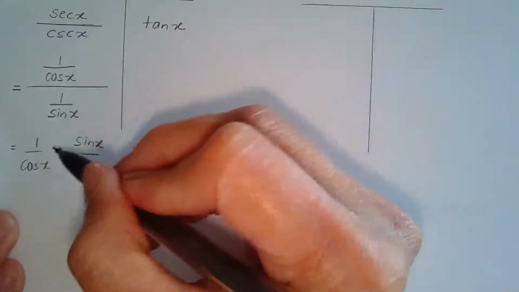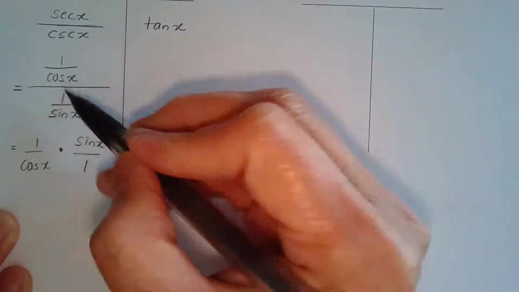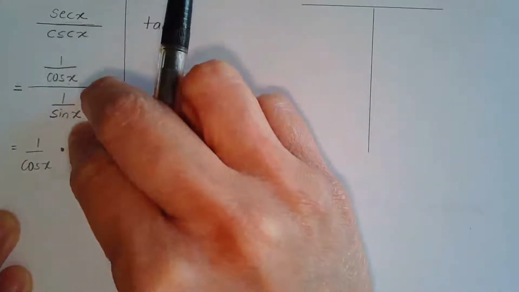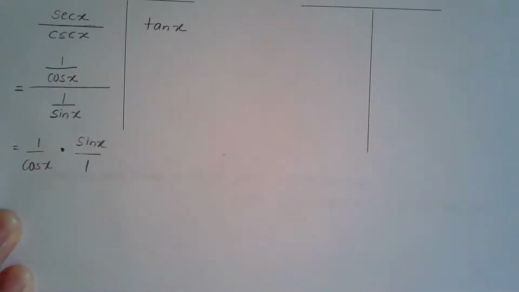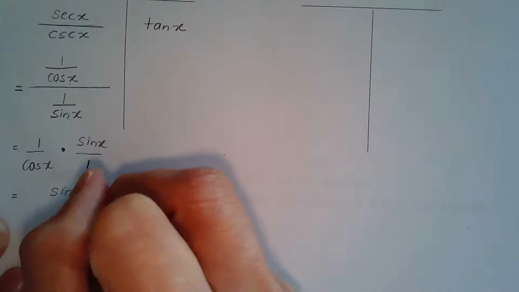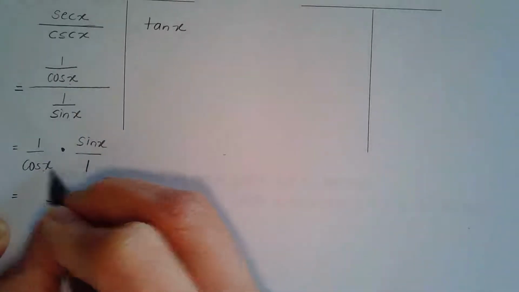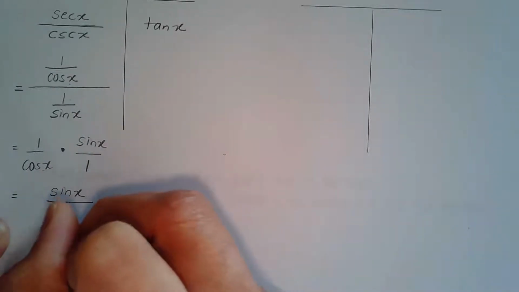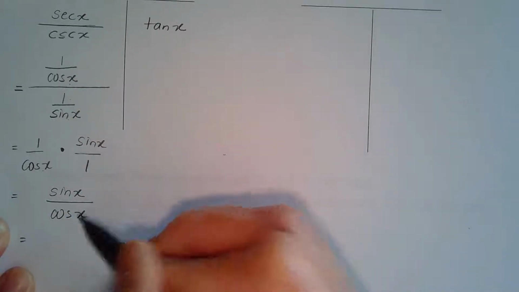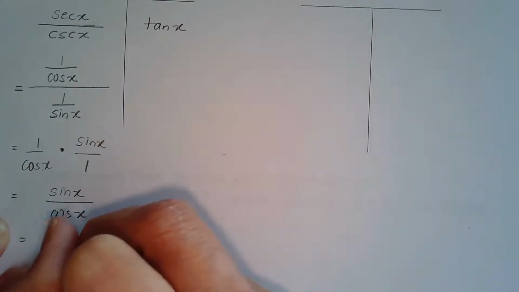So 1 over cos of x divided by 1 over sine of x is the same thing as multiplying by the reciprocal of the denominator. So what do I know? Well, 1 times sine of x is sine of x. Cos of x times 1 is cos of x. And sine of x divided by cos of x is tangent of x.